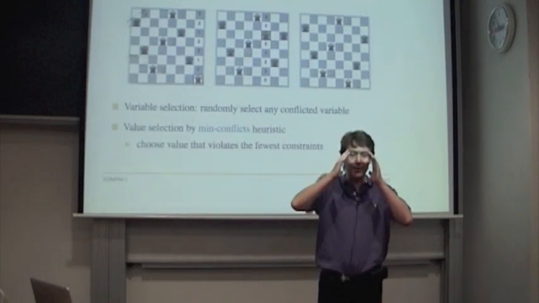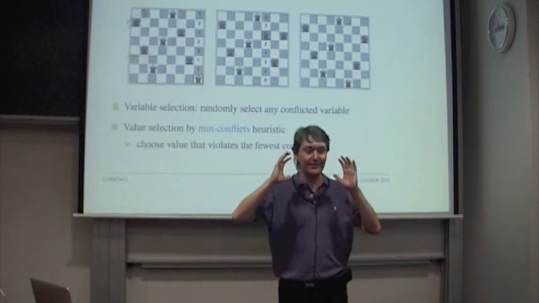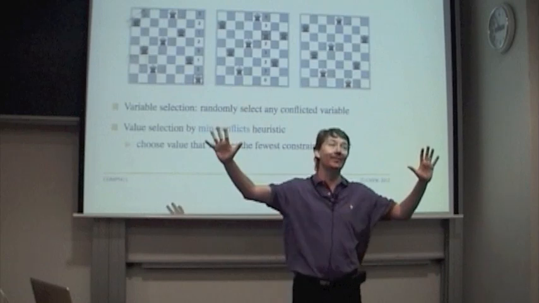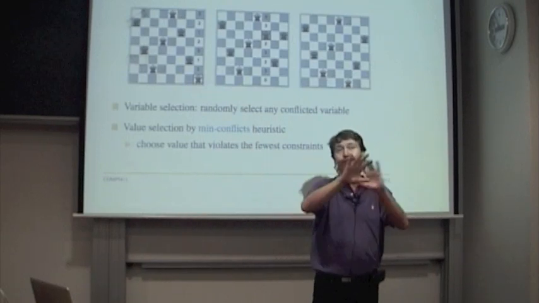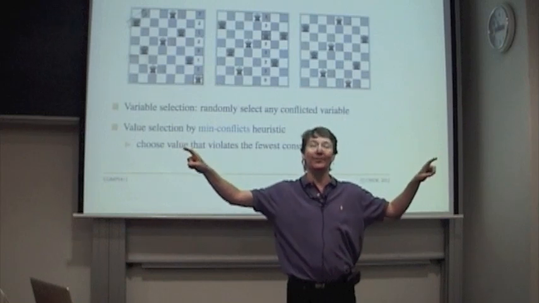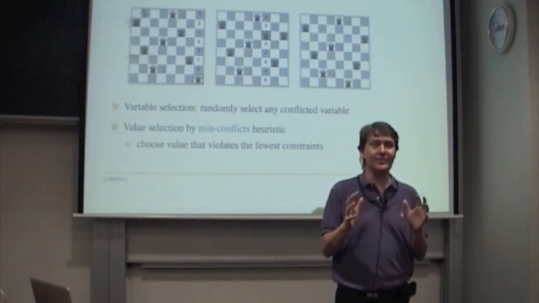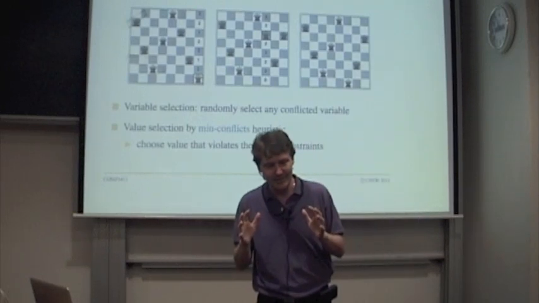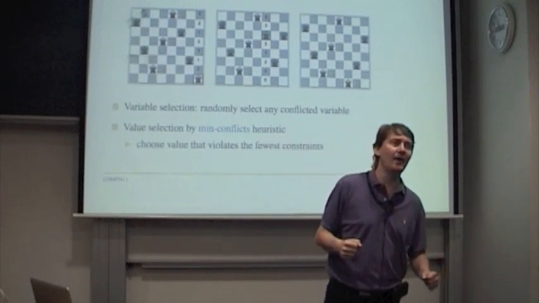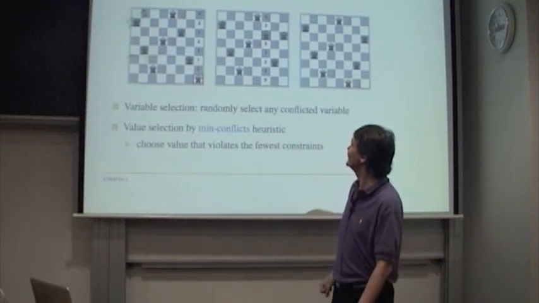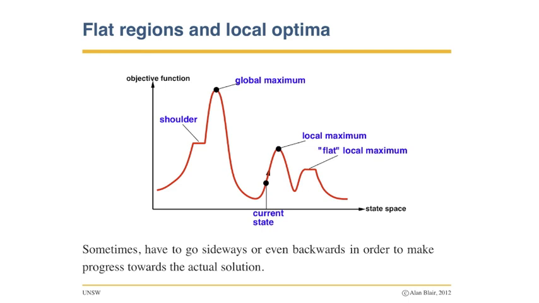It's called local search because I imagine that I can't see the big picture. It's a heavy fog, I can't see more than a few meters in either direction, but I'm trying to just take one step at a time and try to improve my situation. So we think about it as this kind of conceptual landscape. Here we've drawn it in just 2 dimensions, but you think of it as a multi-dimensional landscape.